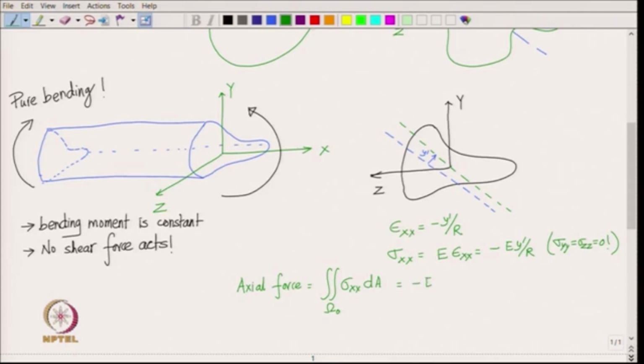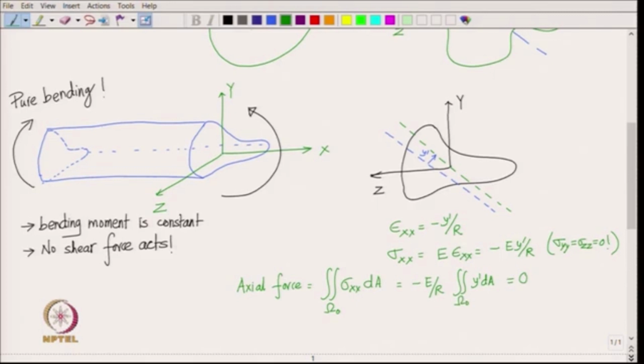So, we have minus E over R integration over omega naught of y prime dA, and this has to be equal to 0, because it is a pure bending case. There is no force in the cross section, and likewise there is no axial force in the cross section. So, this has to be 0.